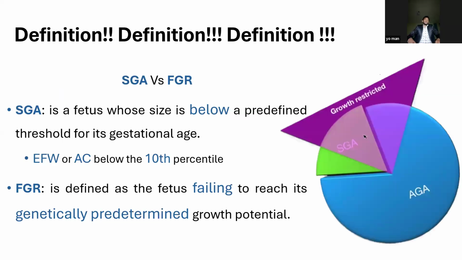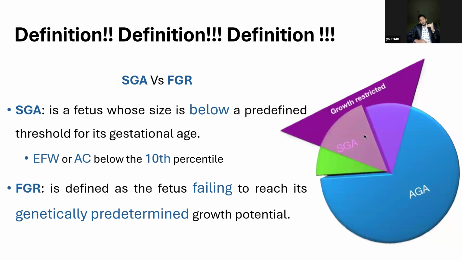So it's time to become serious and define the exact definitions of small for gestational age versus fetal growth restriction. In clinical medicine, definition matters. International guidelines like ISUOG and others define SGA and FGR accordingly, and we are going to see how they define it.